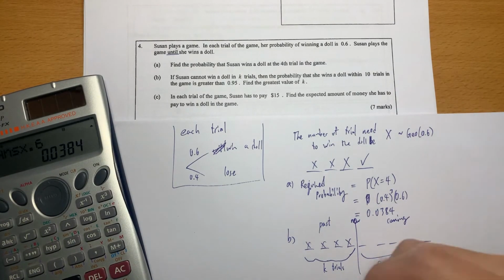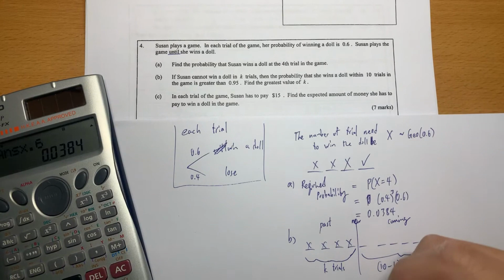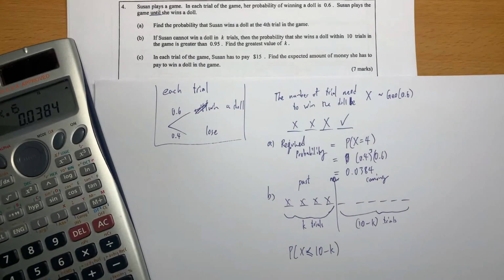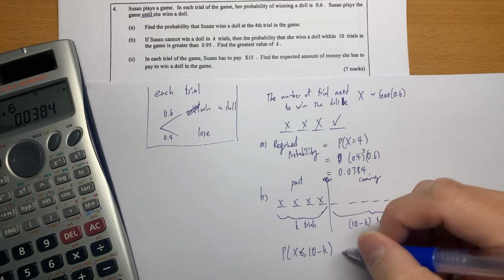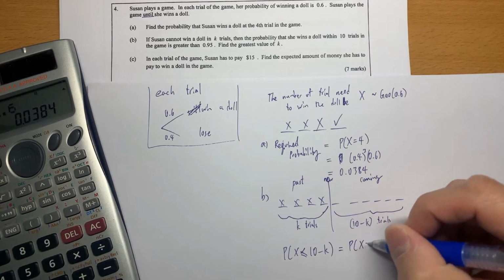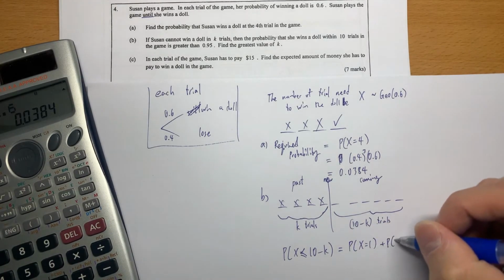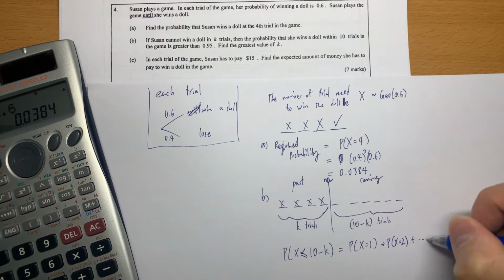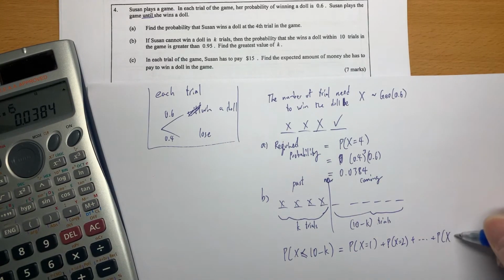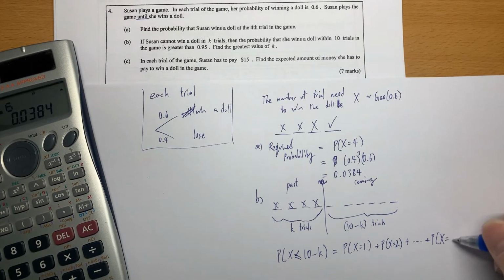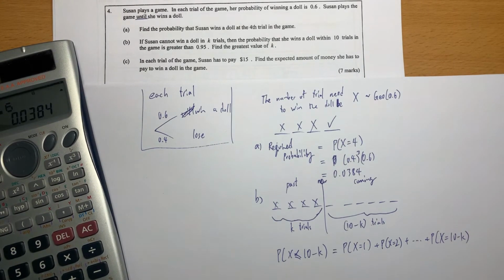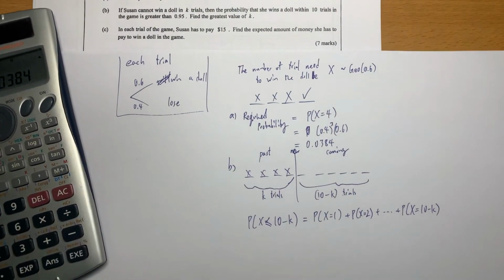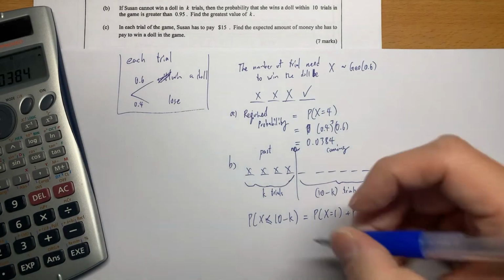So the first method, more straightforward, is X equal to 1 plus X equal to 2 plus until P(X = 10 − k). More than that, we don't count because it does not fulfill our target.